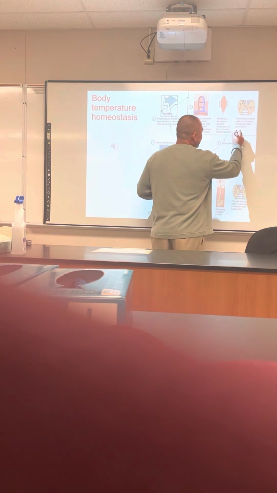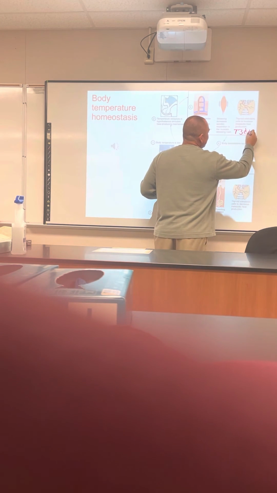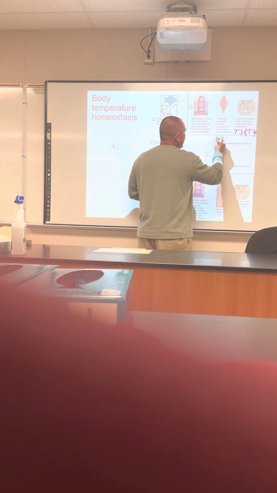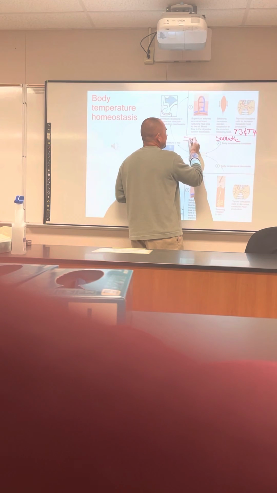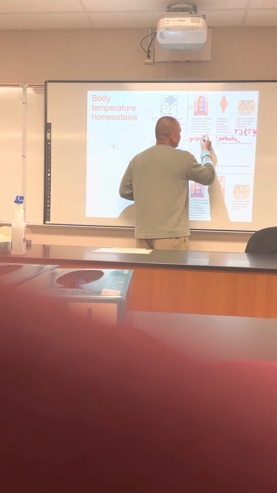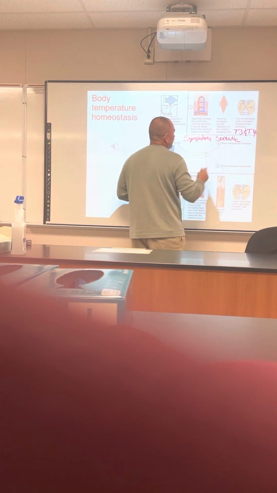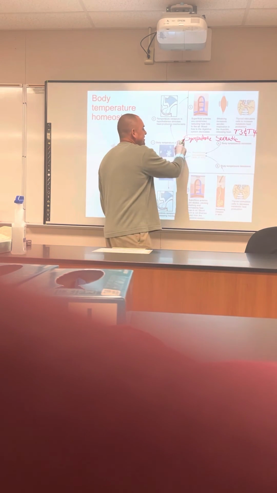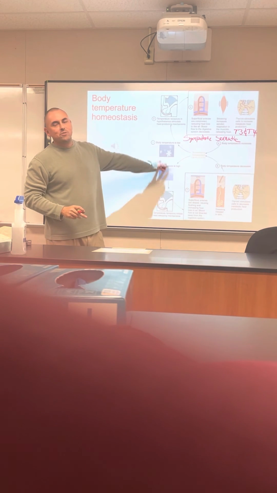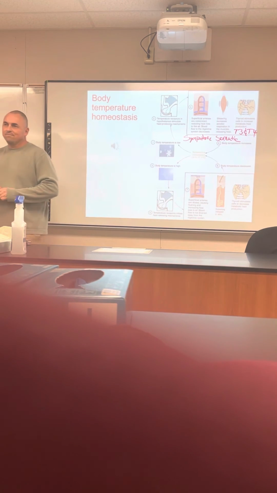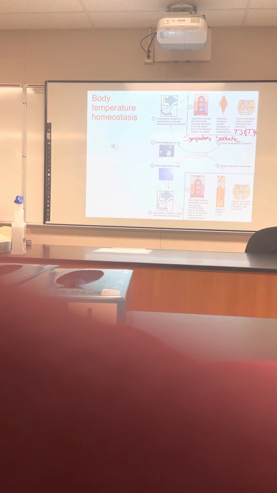Here you have T3 and T4, here you have somatic, and here you have the sympathetic. These are the 3 systems which contribute to regulating body temperature homeostasis. So just remember the 3 systems. Alright, any questions, comments?